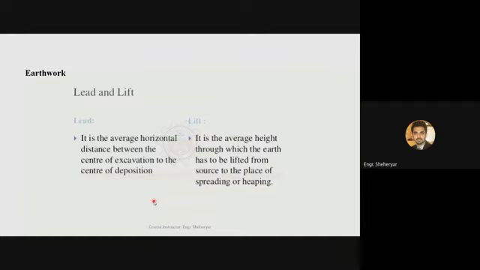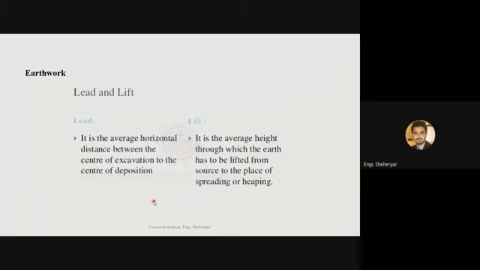So normally the rates of excavation or filling are based upon normal lead and normal lift. Now, what is lead and what is lift? The lead is the average horizontal distance between the center of excavation and the center of deposition, whereas the lift is the average vertical distance or vertical height between the point of excavation and point of deposition or spreading.